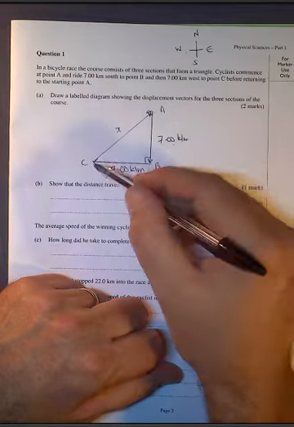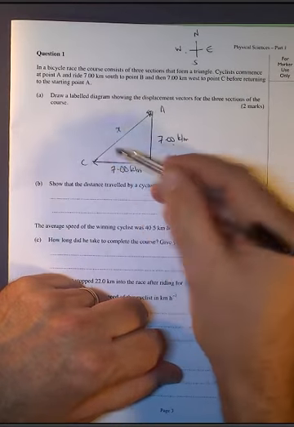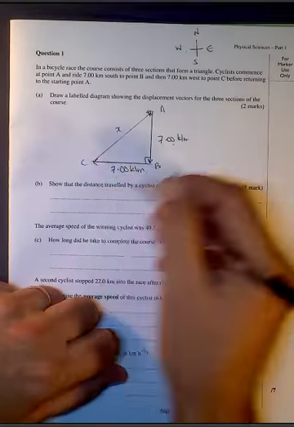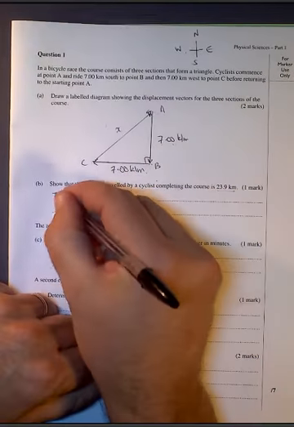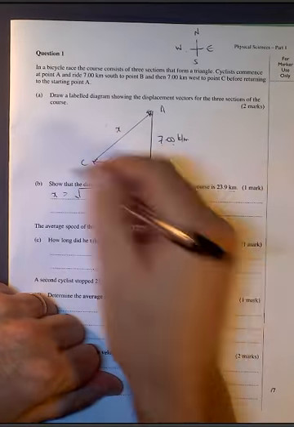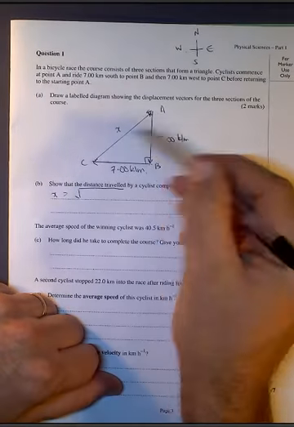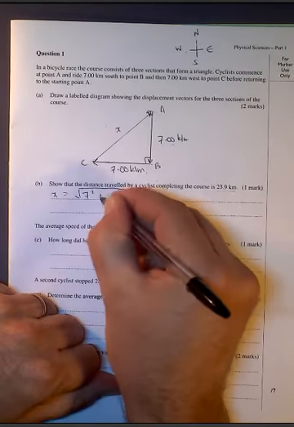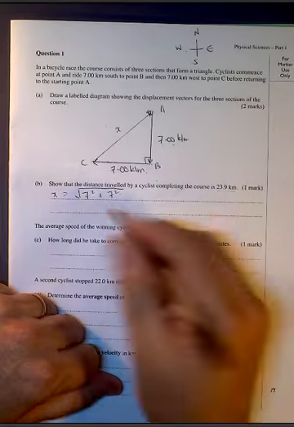And we can use Pythagoras' theorem to find out what the distance from C back to A is. Okay, so x squared equals 7 squared plus 7 squared. X is equal to the square root of that.